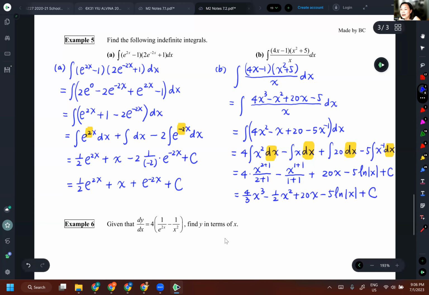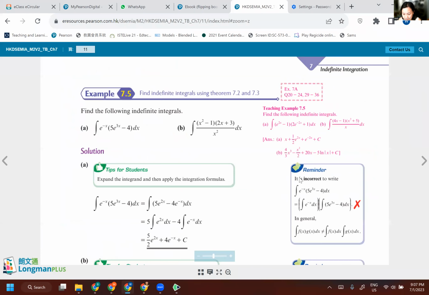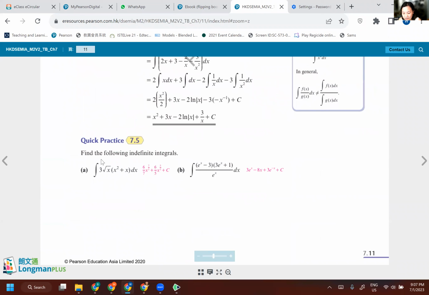Okay. Now right now you have no way to simplify the absolute value, so you just have to leave it on. That's the answer. Classwork. 7.5. Let me know.